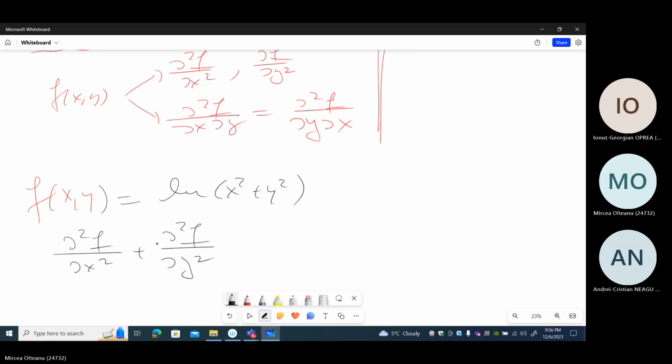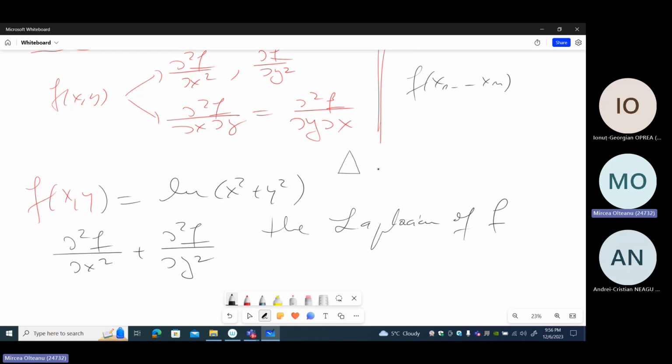This expression in general is called the Laplacian of the function f. In general, if f is a function of n variables, the Laplacian, which is usually denoted with a capital Greek delta, delta f, means the sum of the second order partial derivatives, but not mixed.